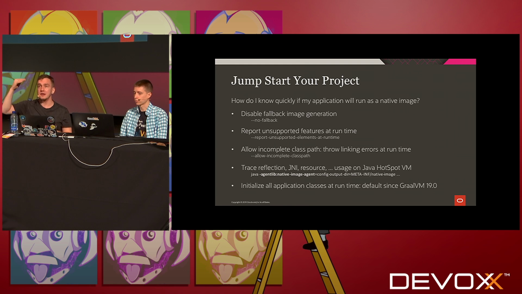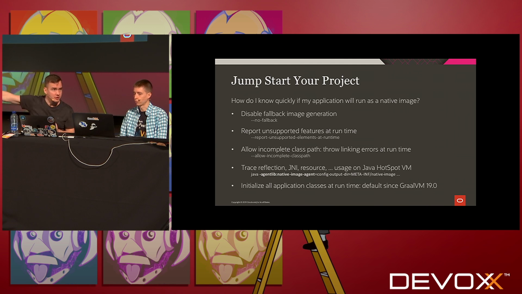Or some code that it cannot handle, it will tell you, because it wants to be rigorous and safe. If you want to jumpstart your thing, you would like to say, you know what? Maybe you cannot handle this one class in this random dependency that I'm not even using directly, right? Report that at runtime, and then you run your test suite, and you probably will not even hit that code. So it might not blow up in the runtime.